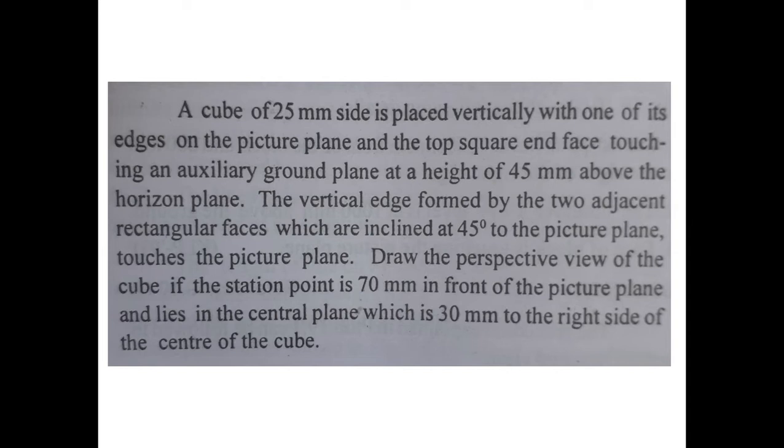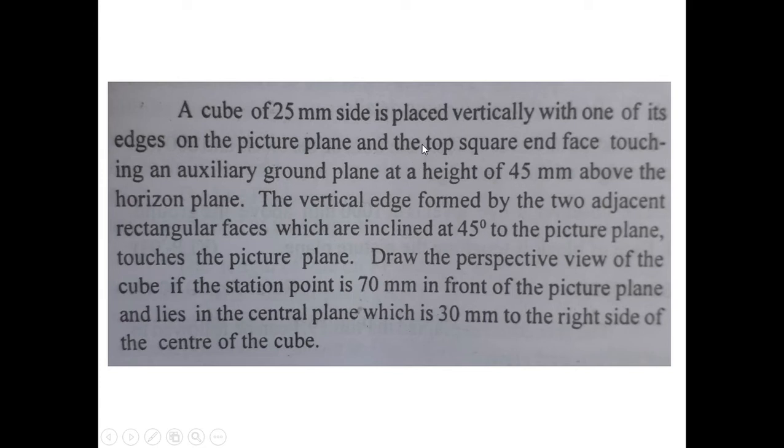So here the object is a cube of 25 mm side, and it is resting in such a way that the top face of the cube is touching an auxiliary ground plane, and it is at a distance of 45 mm above the horizon plane.